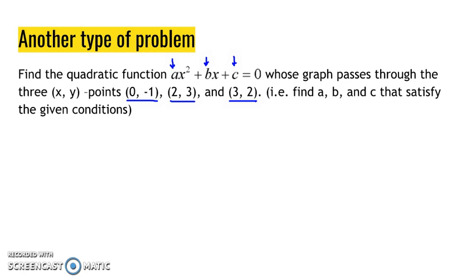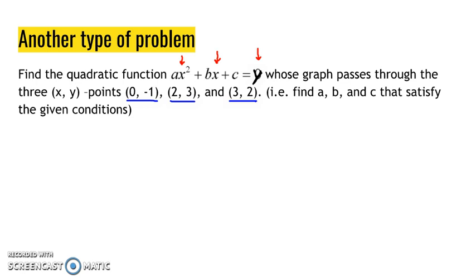Now, if I think about it, the standard form of a quadratic, ax squared plus bx plus c, I can say that equals a couple of different things. One, I could say it equals f of x, or I could say that it equals y. What I'm trying to point out is that in our standard form equation, I've got places where I could plug in x's and a place where I could plug in a value for y.